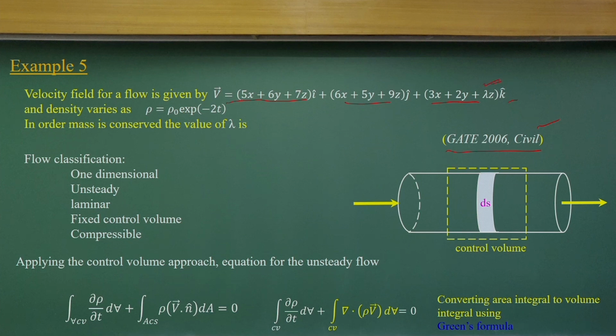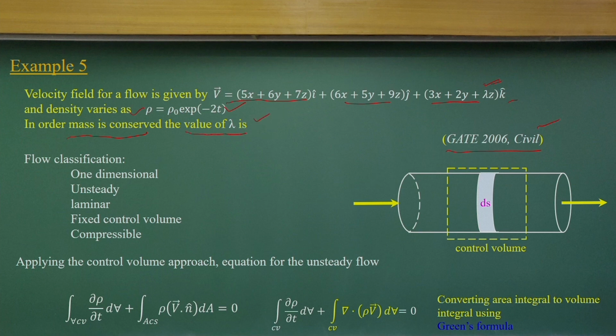Density also varies with time, rho naught times exponential of minus 2t. That means it is an unsteady problem, and the velocity fields are given. In order for mass to be conserved, what could be the value of lambda? That is what we will determine.